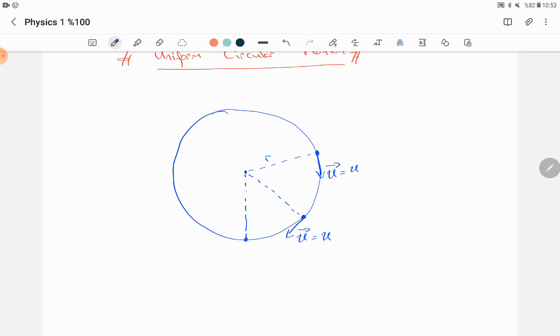For example, here stable velocity, here stable velocity, and here stable velocity, not changing on this circle.